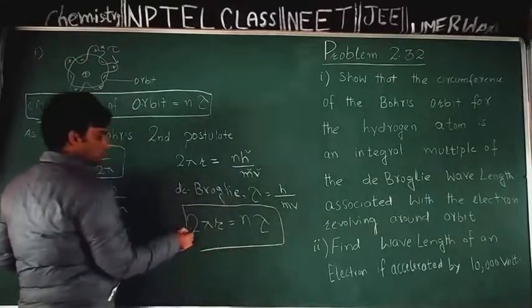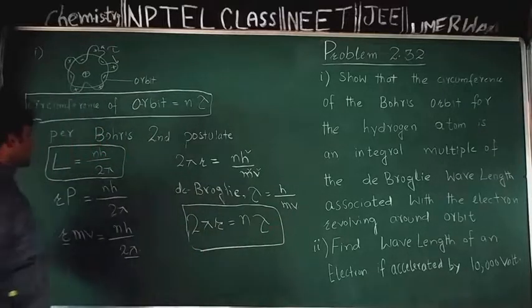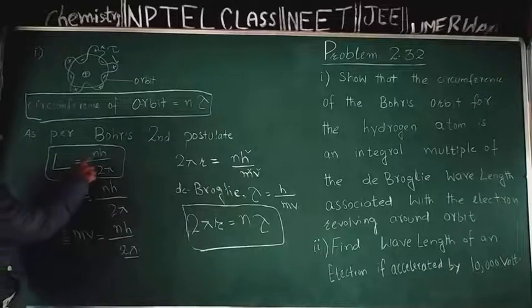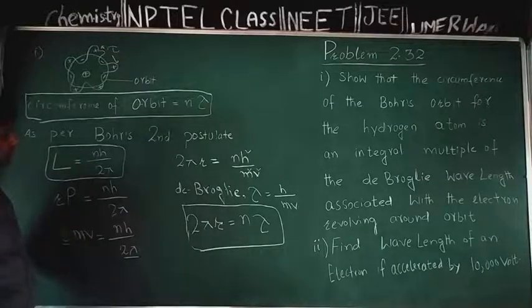So using second postulate of Bohr, that in fixed orbit angular momentum of electron is quantized and has fixed value equal to nh by 2 pi, or else I can say electron will revolve only in that orbit in which angular momentum of electron has fixed or quantized value equal to nh by 2 pi, and this orbit will become fixed orbit, permitted orbit, or stationary state or energy level for an electron.